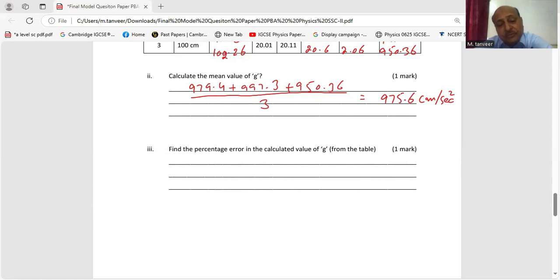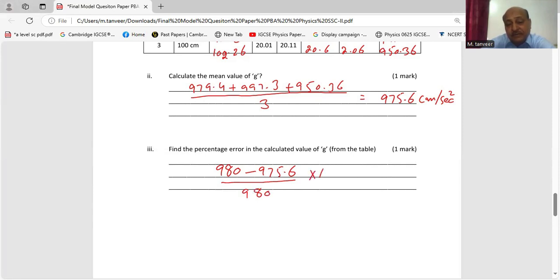So first of all, you have to find the difference between measured and true value. When you calculate this difference, then you will multiply by 100. The true value of g is 980 and the measured value is 975.6, divided by the true value 980.